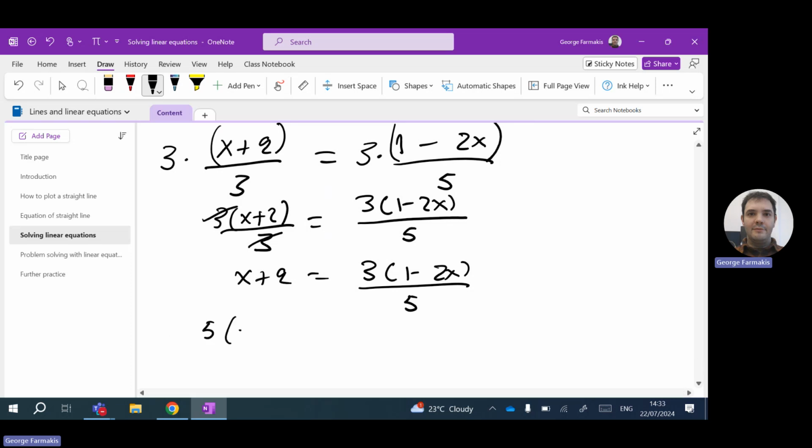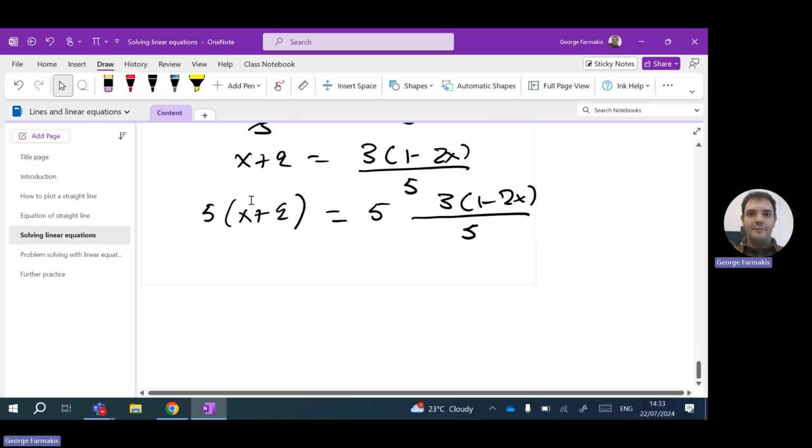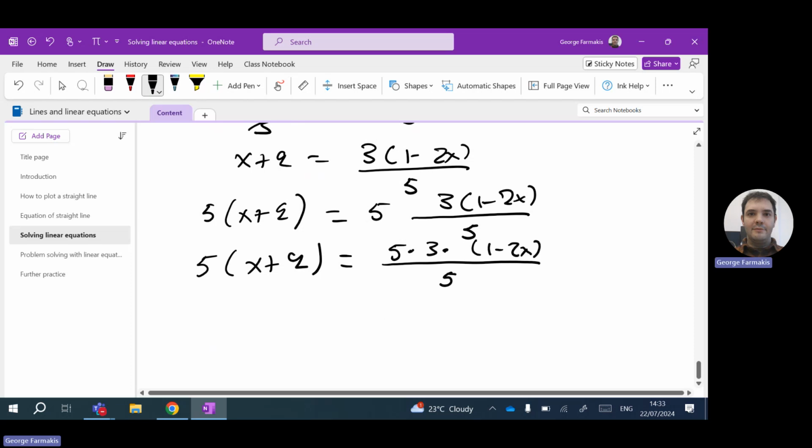So 5 times (x plus 2) equals 5 times 3 times (1 minus 2x) over 5. 5, 5, we can simplify. So we have 5 times (x plus 2) equals 3 times (1 minus 2x).